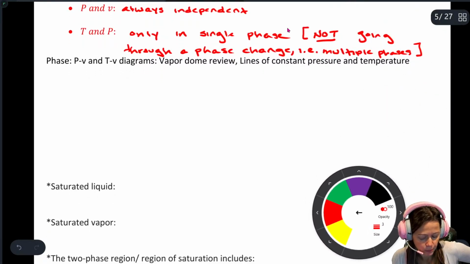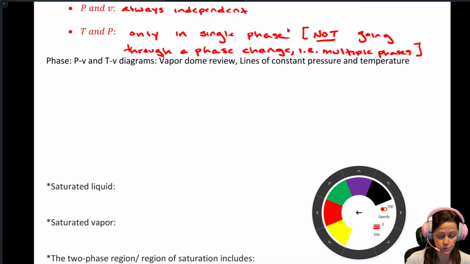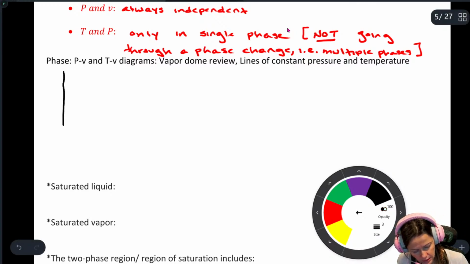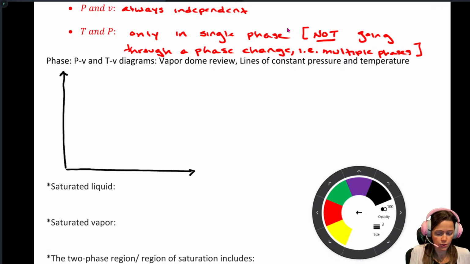If you look in your book, and also if you watched the video, I think 1.4, they showed these three-dimensional pressure, temperature, specific volume graphs. They're 3D representations of how all three of those things are related to one another for a given substance. It's a little bit difficult to visualize that on a 2D page, so we often deal with just a projection, looking at two properties as opposed to three.